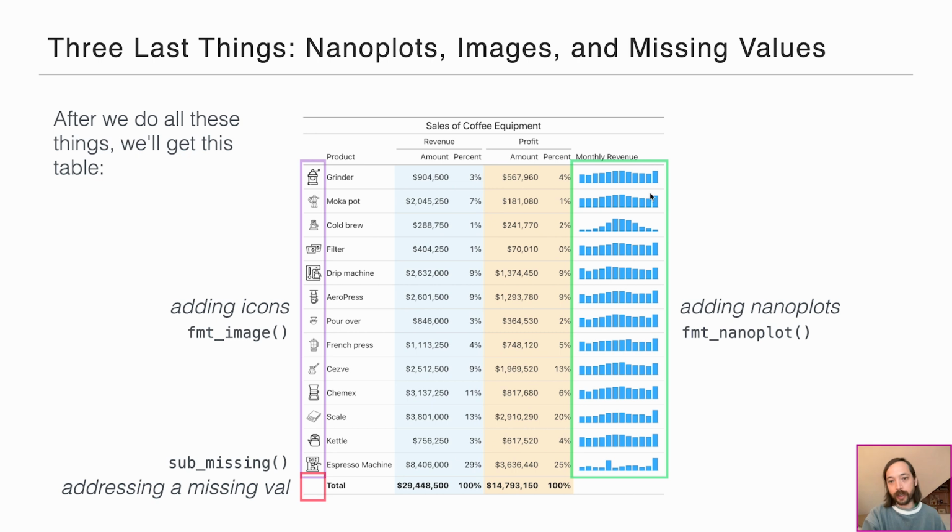For nanoplots, we can add tiny bar charts to a column. For format image, we can add icons or tiny images really easily. And sub_missing is really nice for hiding missing values. Here we had a None that showed up as NA, and with sub_missing you're able to hide values like that. These are formatters, but we find they're so exciting that we wanted to highlight them here.